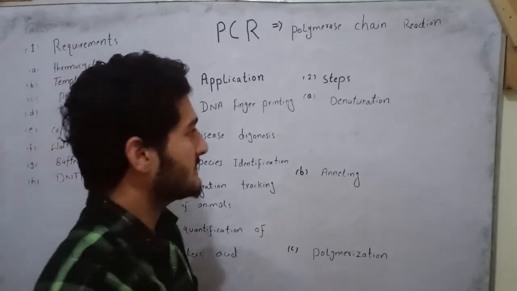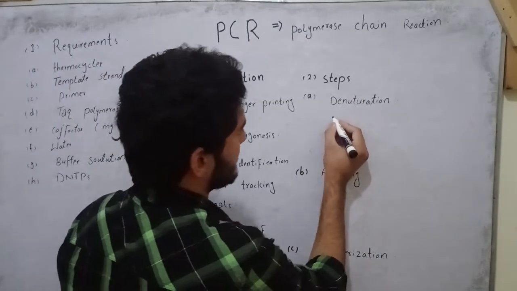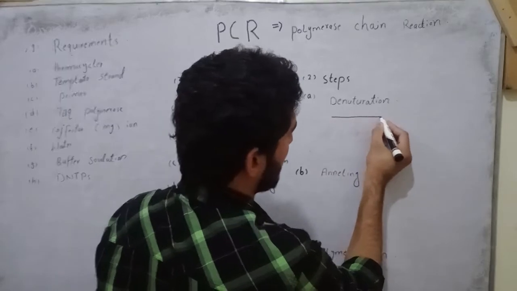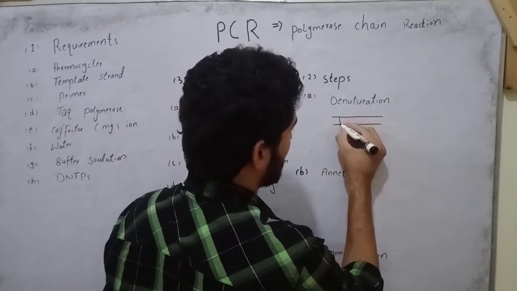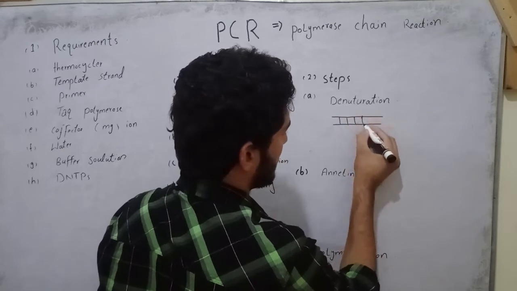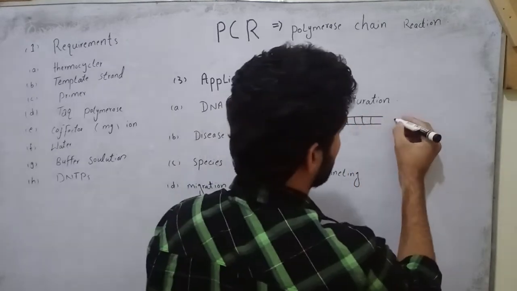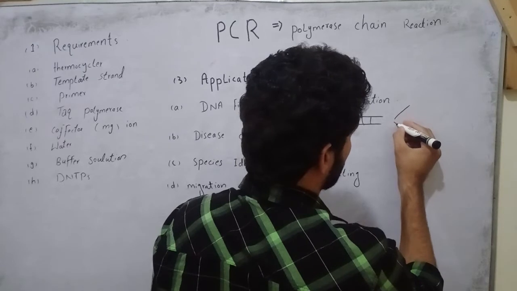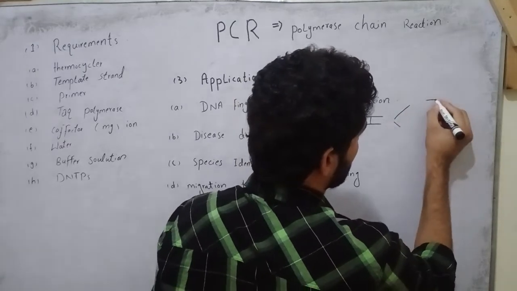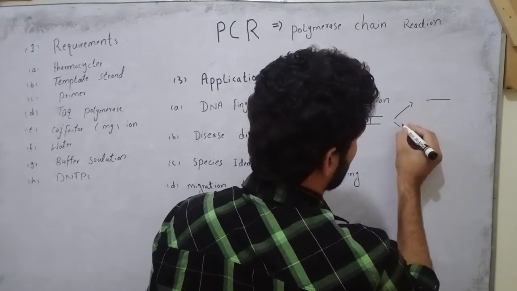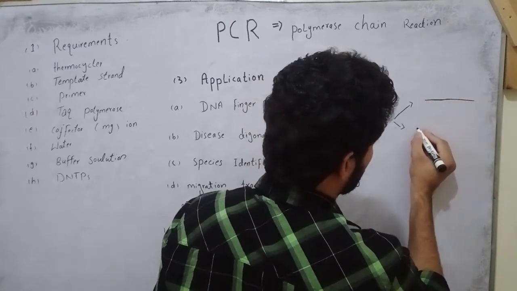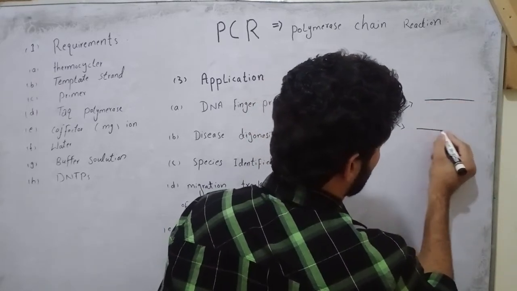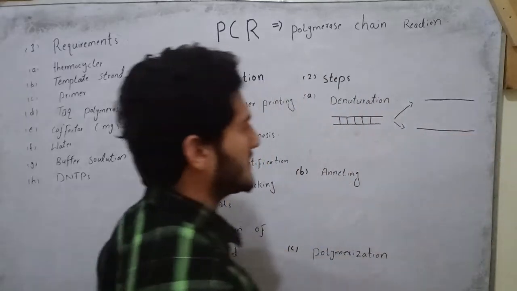In this step, this double-stranded DNA is separated from each other like this. This becomes one template strand, and this becomes another template strand.